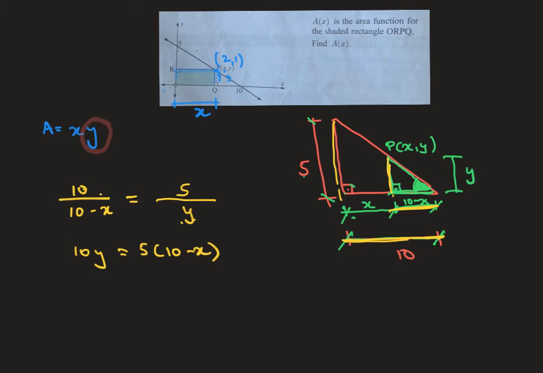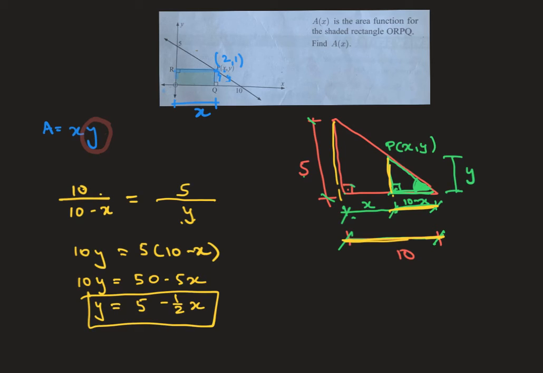So now we have 10y, and we need y by itself. I would like to expand this side, and then divide everything by 10, so it ends up with 5 take away half x. So this is our y.